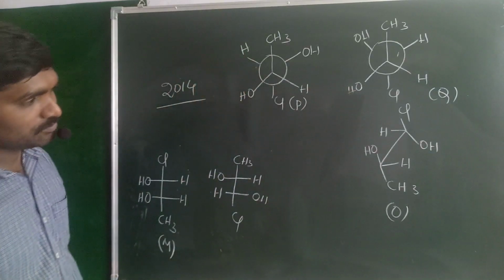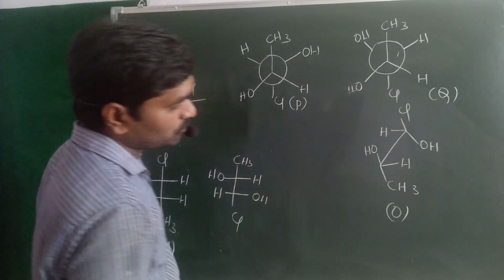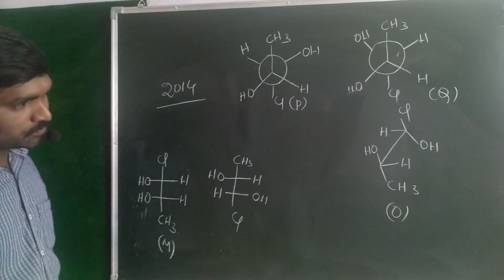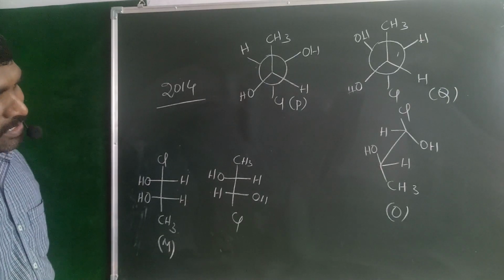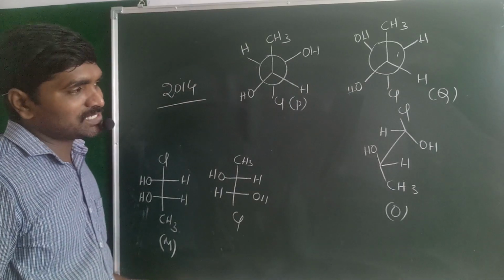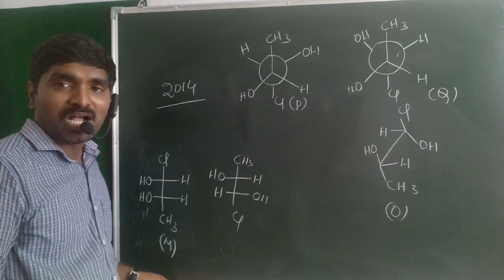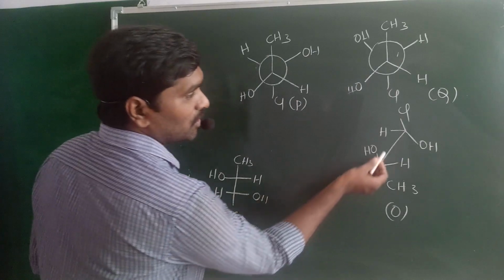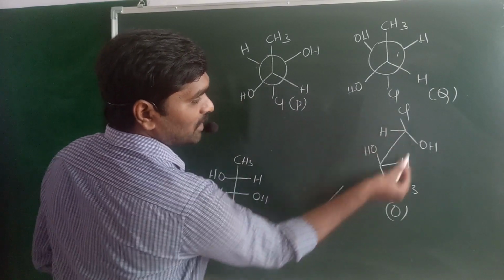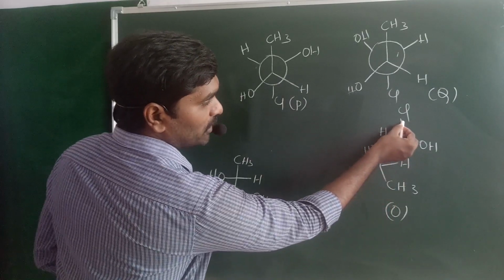Next one. What about O? Is it an eclipsed conformation or staggered conformation? It is a staggered conformation. How can you say it is staggered? The backbone is like this: Cl is present opposite to the CH3.